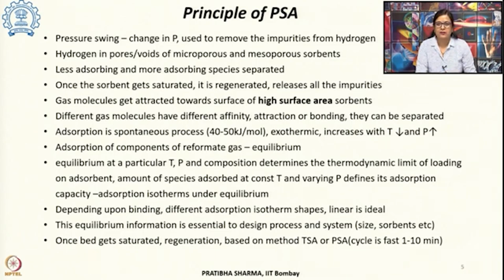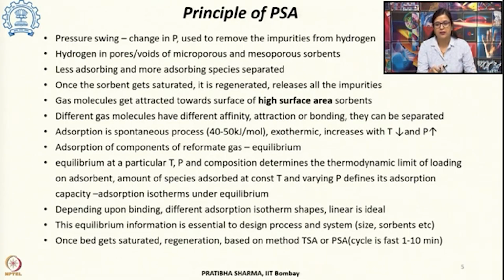Now what happens is when a surface of sorbent is exposed to a mixture of gases, different components of the gas have different affinity towards the surface. Some molecules get adsorbed, they get attracted towards the surface, they find a binding towards the surface and then get adsorbed onto the surface.